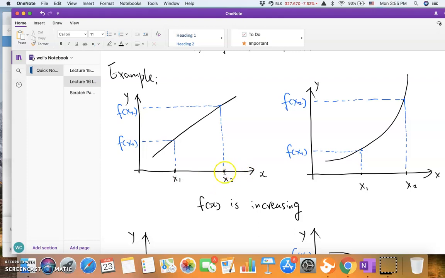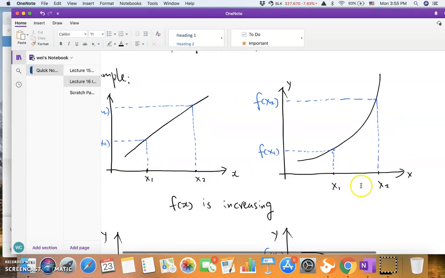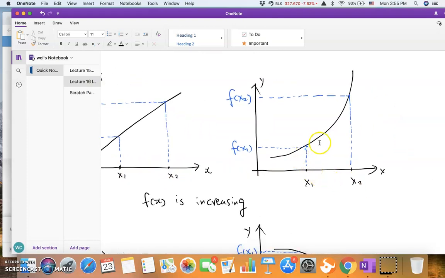The function value at x2 is this, and the function value at x1 is this. Now, because f of x2 is greater than f of x1, the function f(x) is increasing on this interval. Okay, and the same thing for this function.